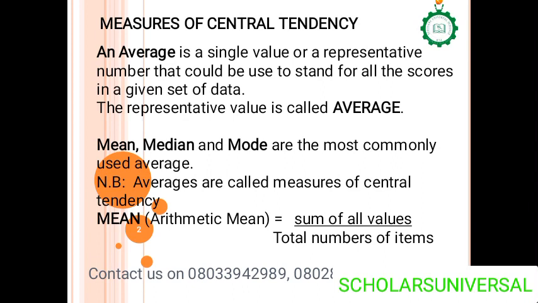The mean will also be referred to as arithmetic mean. So when you hear the word mean or arithmetic mean, they mean the same. But how do you calculate your mean? It will be the sum of all values over the total number of items.